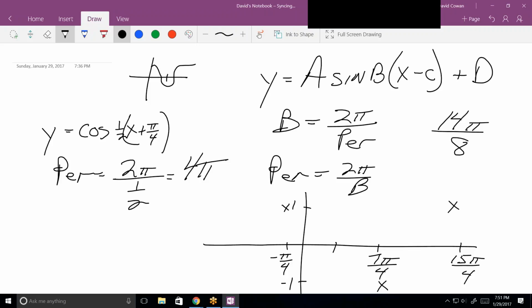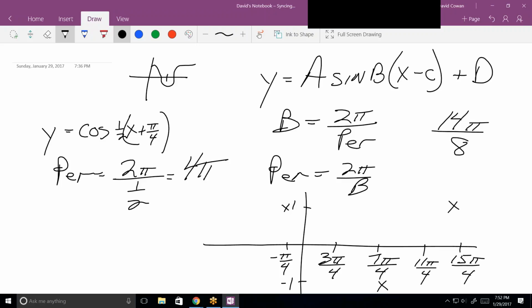Okay. Now find this first quarter point. 3 pi over 4. And find the third quarter point. 11 pi over 4.